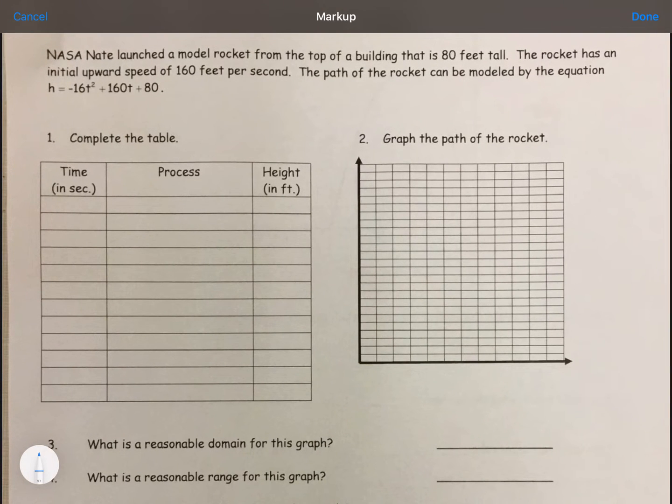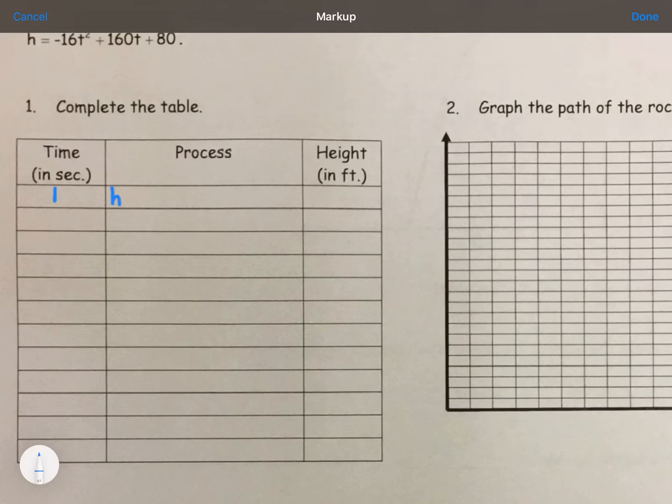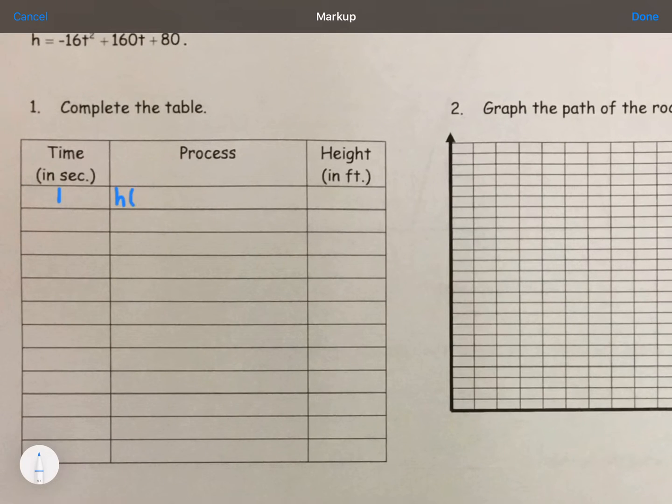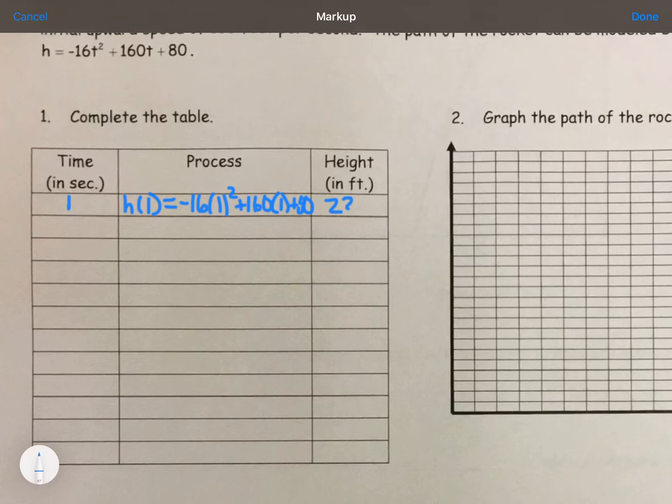So after 1 second, our process would be h of 1 equals negative 16 times 1 squared plus 160 times 1 plus 80. That's how we would figure it out by hand. Now, if you have your calculator, that equals 224.